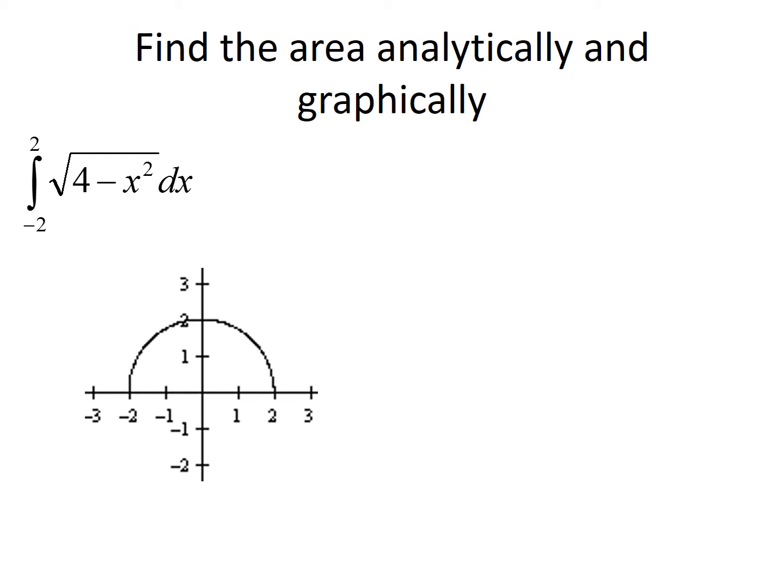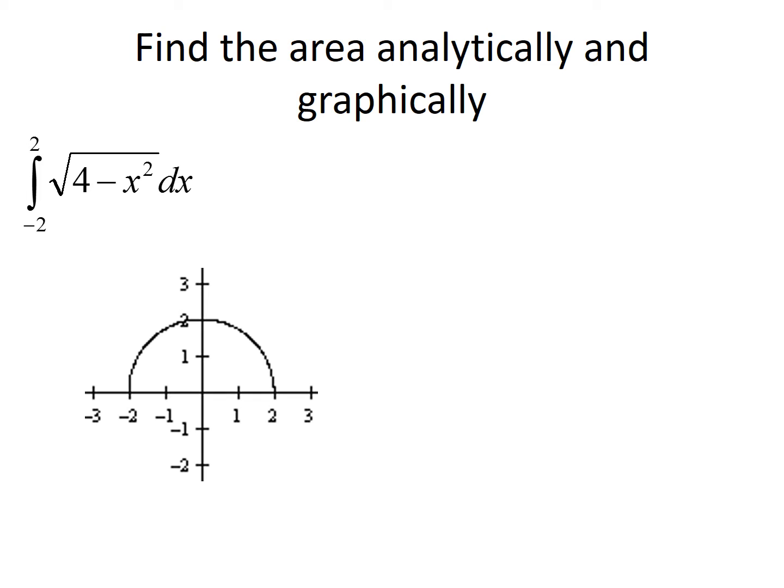Now, for this particular problem, at this point in our math career, we cannot integrate that. So we can only evaluate this graphically. What I need you to understand and recognize is that this is the formula for a semicircle with a radius of 2 centered at 0.